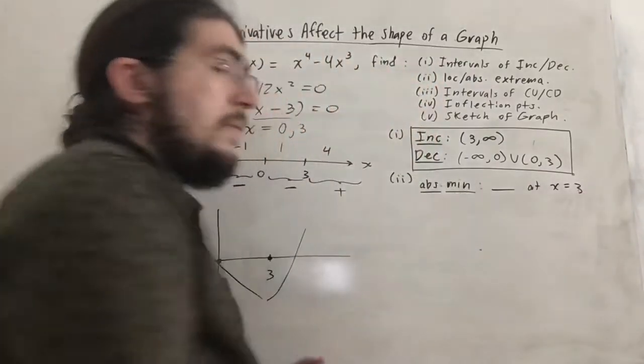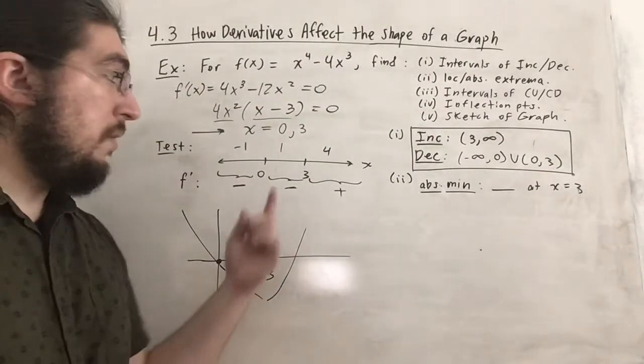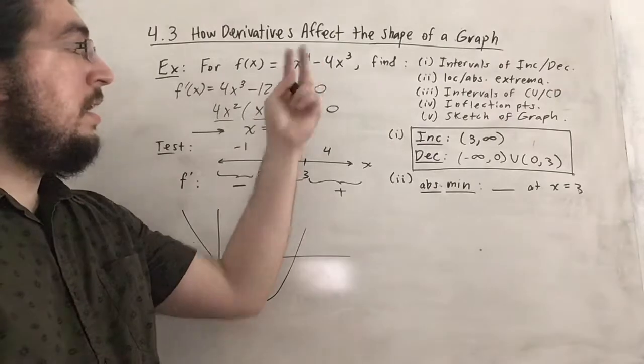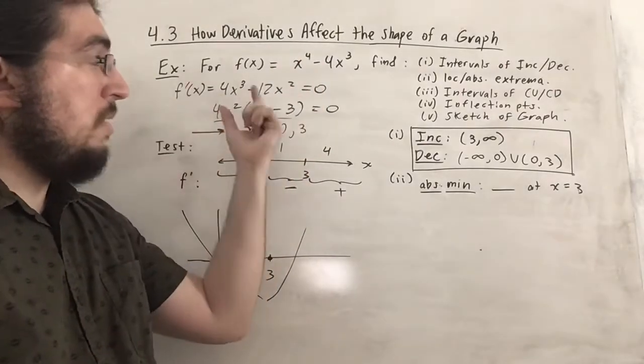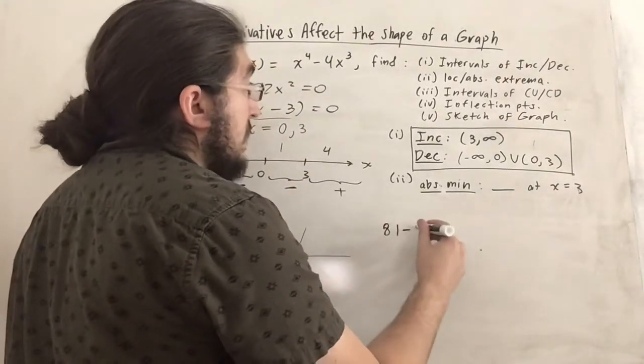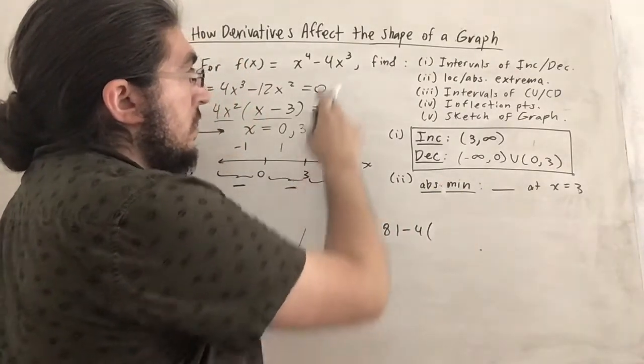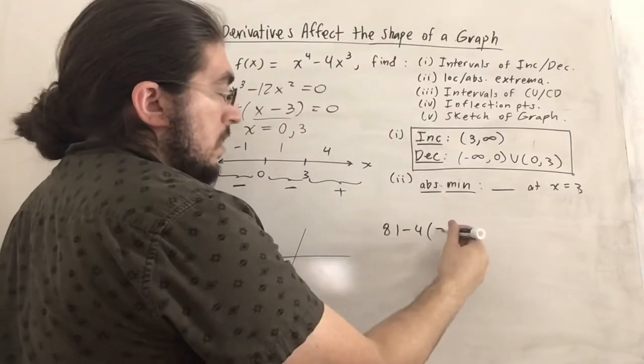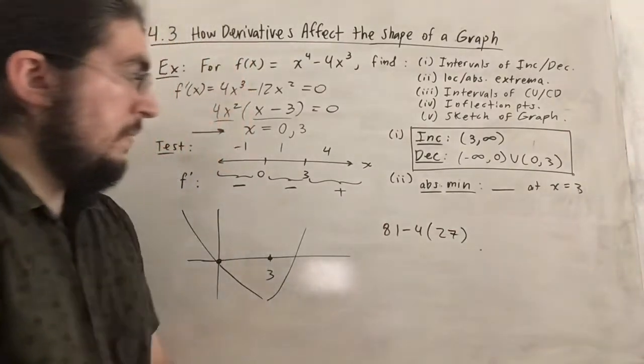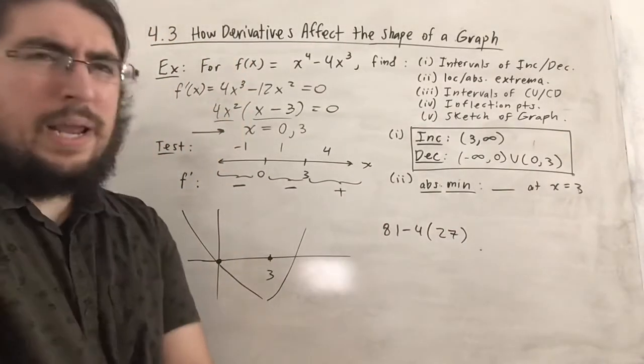Now the actual number that it is, f of 3. So we have to plug this into the original function. That's going to be 3 to the 4th, which is 81, minus 4 times 3 to the 3rd, which is 27. What's 4 times 27? That's going to be 108, I think.